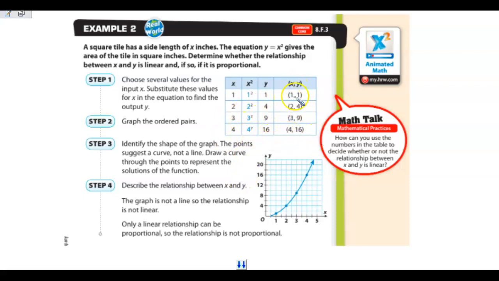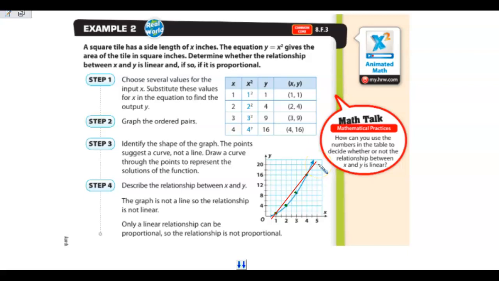Then I'm going to graph these. 1, 1 will be about here. 2, 4 is here. 3, 9. And 4, 16. And now if I were to try to draw a line between all those points, what do we notice? It is not a straight line. It actually has a curve to it.